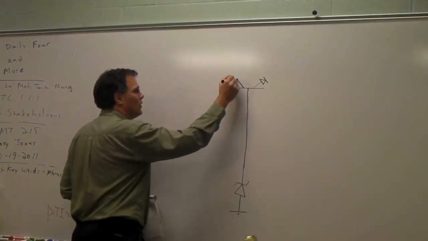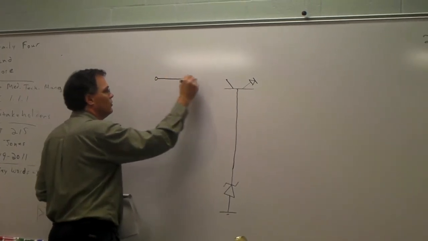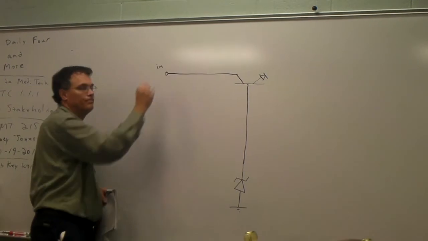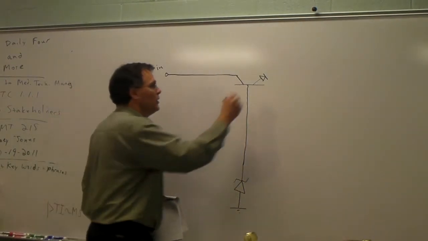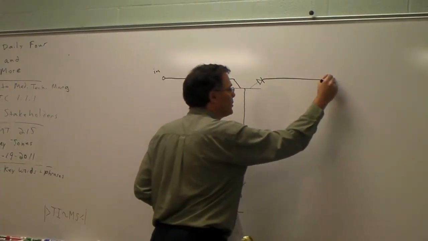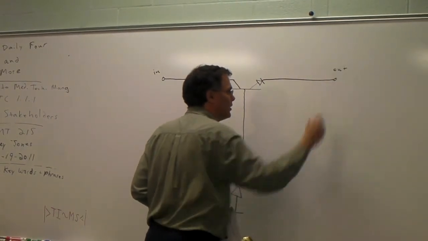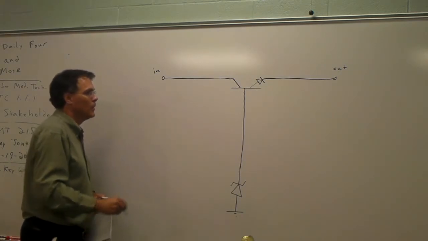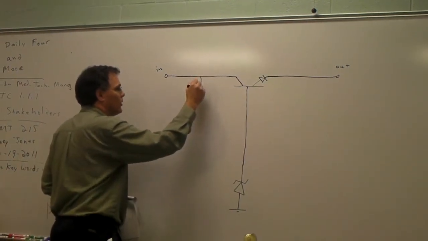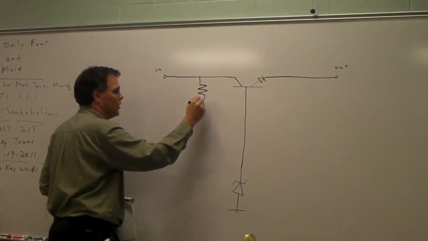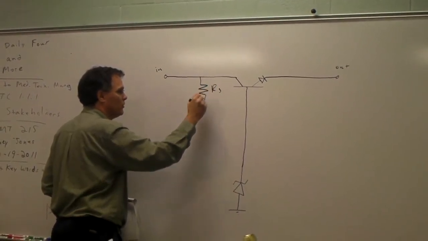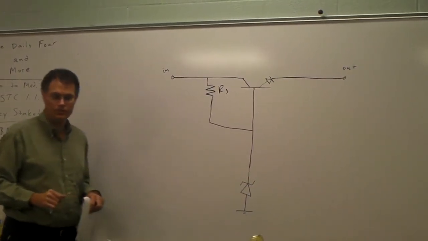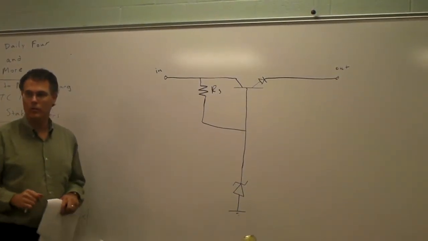The collector lead of our bipolar junction transistor is connected to the input side of our voltage regulator, and the emitter lead is connected to the outgoing side of our voltage regulator. Also incorporated into this configuration is a current limiting resistor connected in line with the zener diode to make it operate correctly.